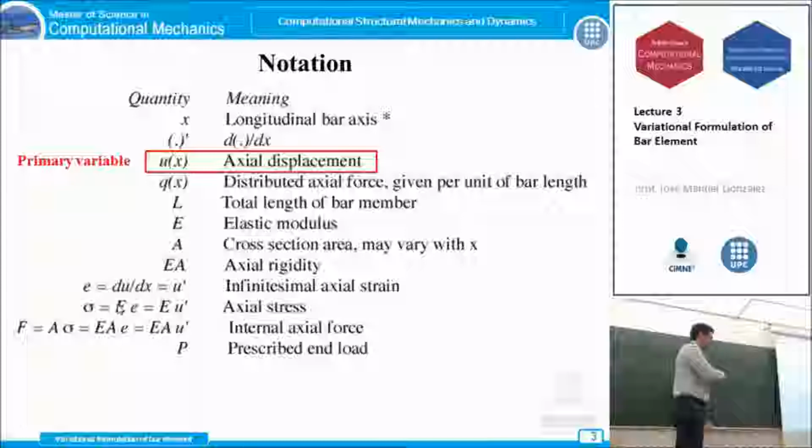This is only one dimension, so the stress is the elastic modulus times the strain, or the elastic modulus times the first derivative of the displacement primary variable. And finally, the internal axial force is calculated as the stress times the cross-section area, or the axial rigidity times the strain, or the axial rigidity times the first derivative of the displacement. These are our internal axial forces, and P will be our prescribed end load at one of the edges of the bar member.